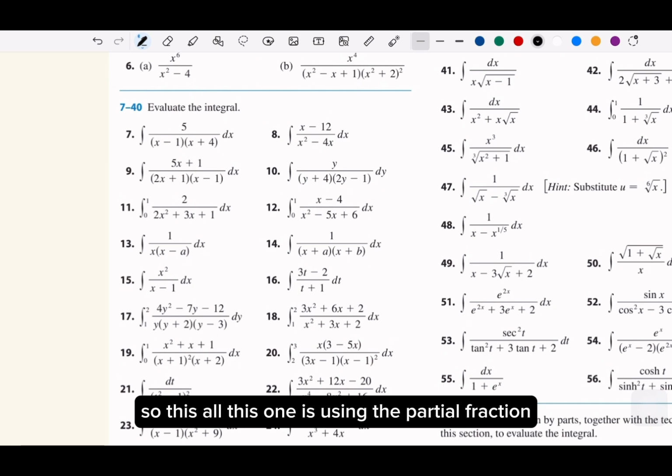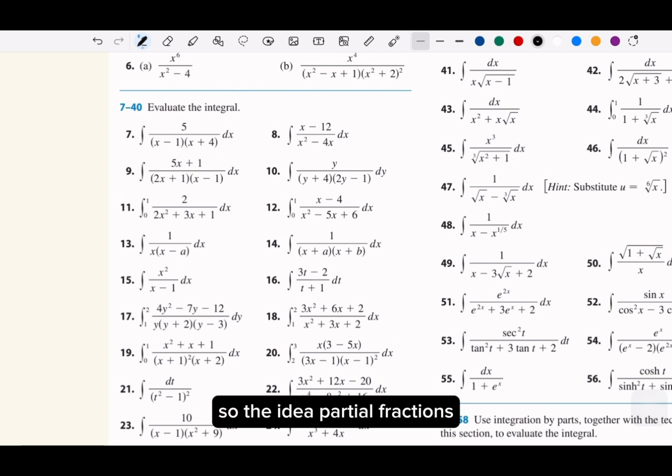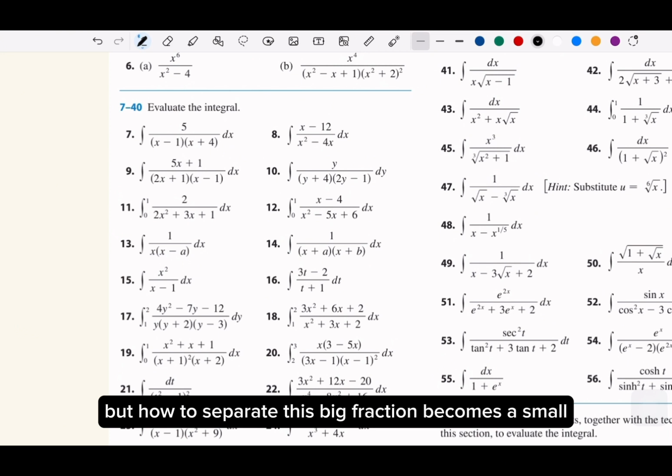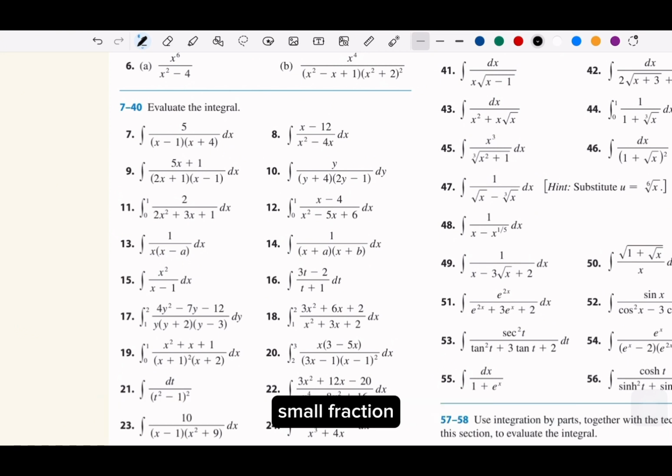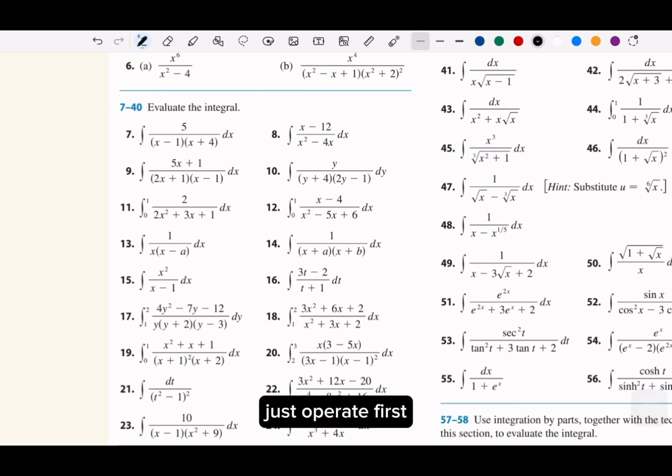So this one is using the partial fractions. The idea of partial fractions is not about the integration itself, but how to separate these big fractions into small fractions. So if you feel maybe not confident on the integration, just cover it first and try to separate first, okay?